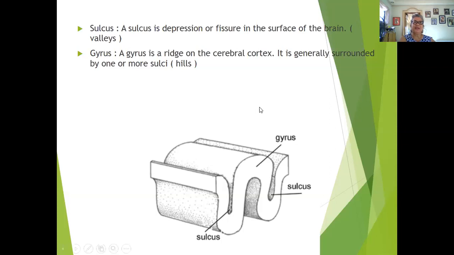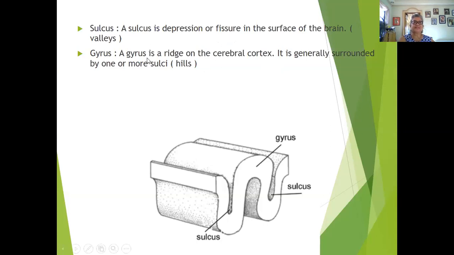If we relate it to the ground on earth, it will be a valley because it is a depression. And then the gyros will be an elevation.